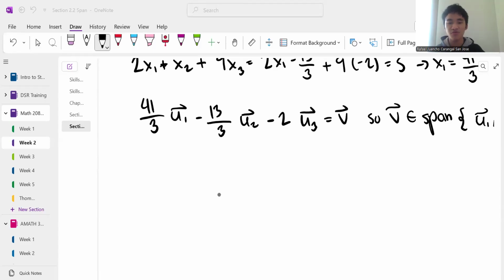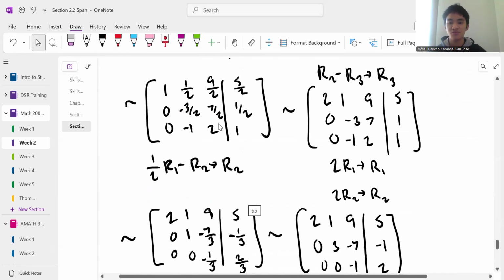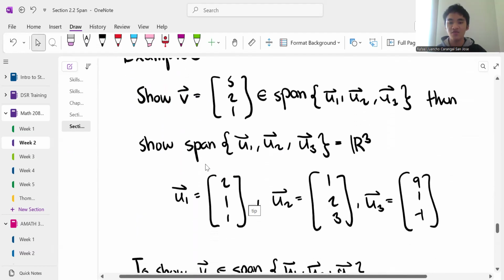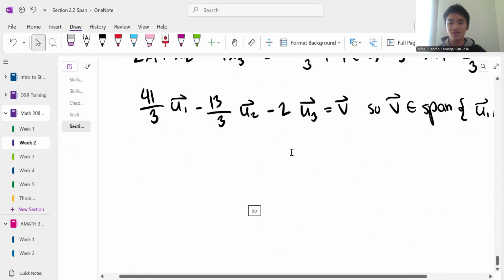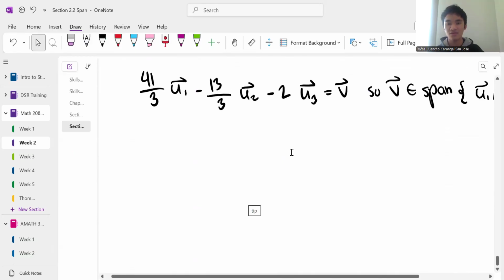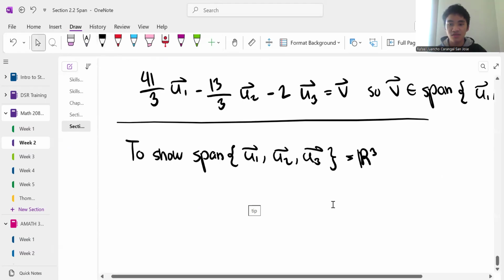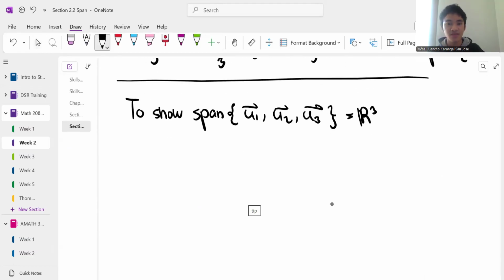Okay, so that's part one of it, right? We show that v is part of the span. Now, how do we know that the span is actually R3? To show that the span of these things is the whole space R3, we can plug and play.